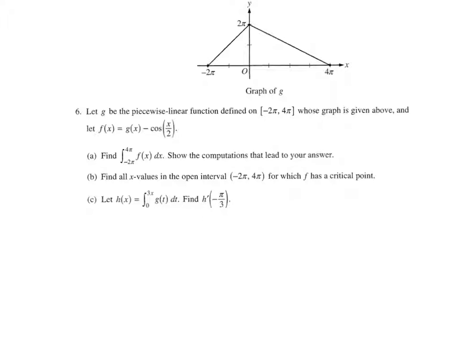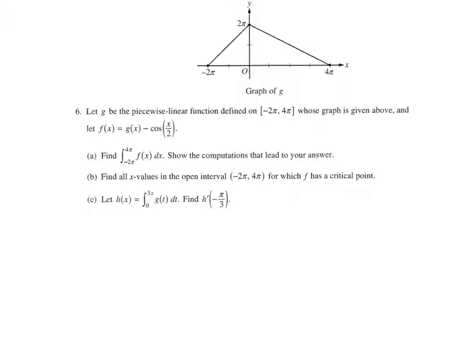And then h of x is the integral from 0 to 3x of g of t dt, and they want us to find h prime of x. Actually, h prime of negative pi over 3. Well, in this case I'm going to have to use the fundamental theorem of calculus, that derivative of an integral form, to find h prime.